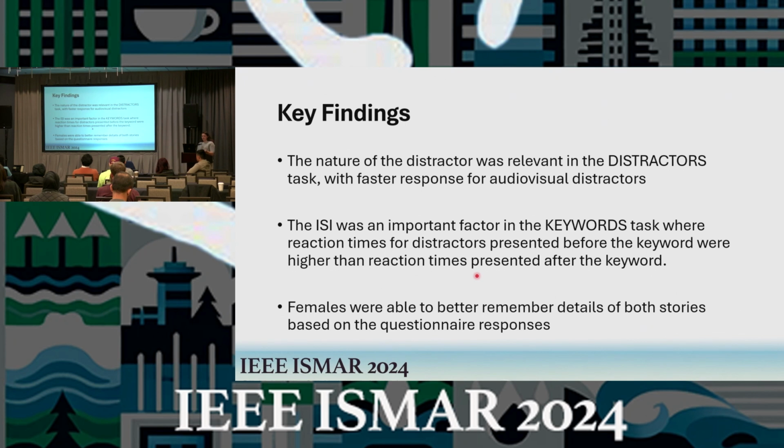And the ISI was only an important factor in the keyword tasks. So what we can tell here is that when it comes to the nature of the distractors in the keywords task, it doesn't matter. The only thing that matters is the time when you present this distractor. It doesn't matter if it's audiovisual or auditory. The distractor will be there. It will distract the user regardless of the nature of the stimuli.